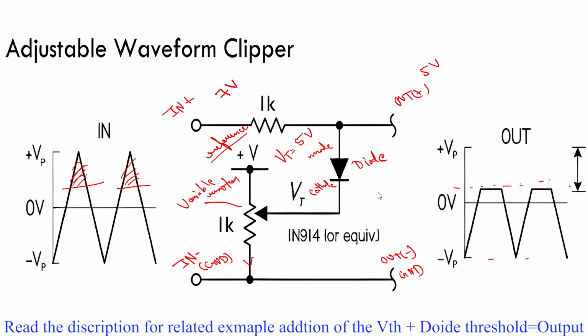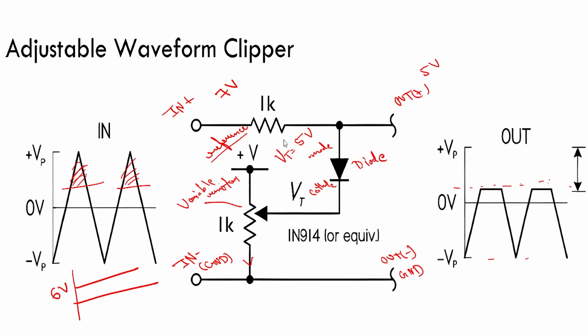You can use this kind of circuit for any kind of appliance. If your signal is coming at 6 volt, now what can you do by using this circuit? Vt, the threshold value, was how much?